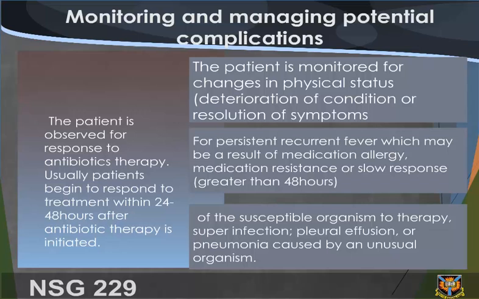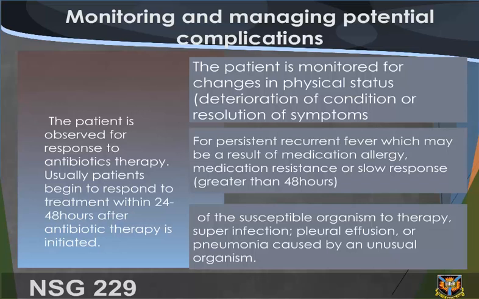Monitoring and managing potential complications. The patient is observed for response to antibiotic therapy. Usually, patients begin to respond to treatment within 24 to 48 hours after antibiotic therapy is initiated. The patient is monitored for changes in physical status, deterioration of condition, or resolution of symptoms.